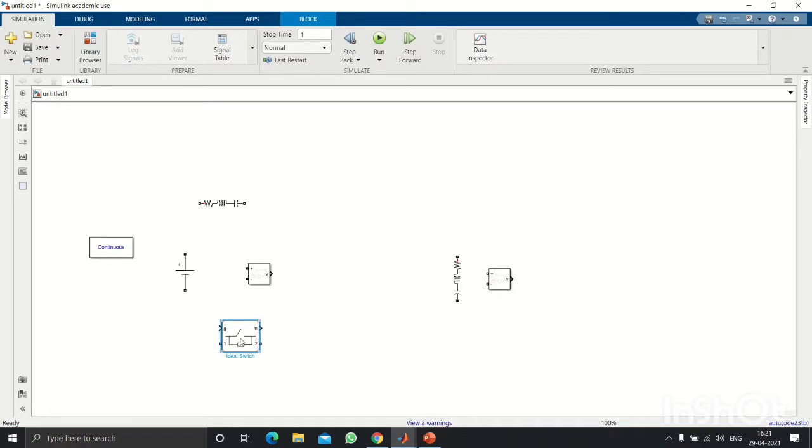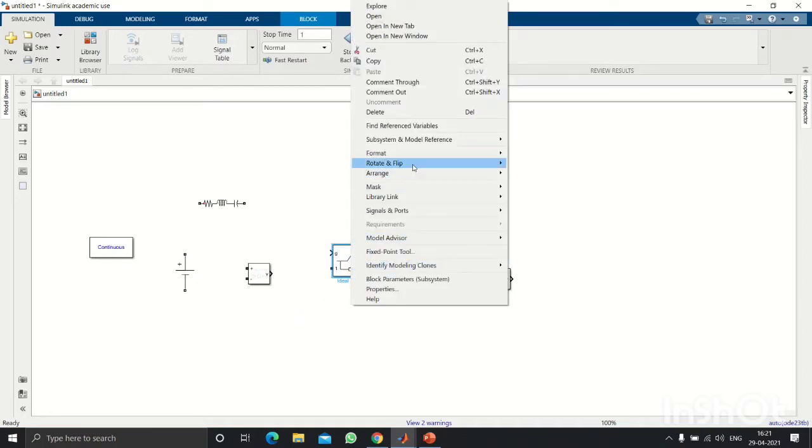Now we'll get the ideal switch. We are using the chopper as an ideal switch here. We can use IGBT or SCR also as the chopper.